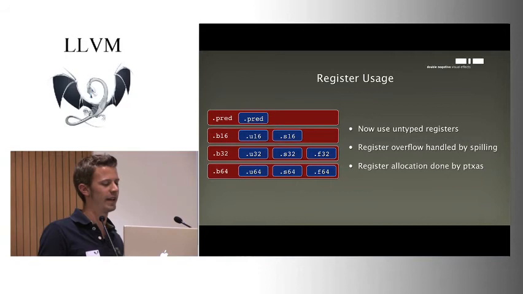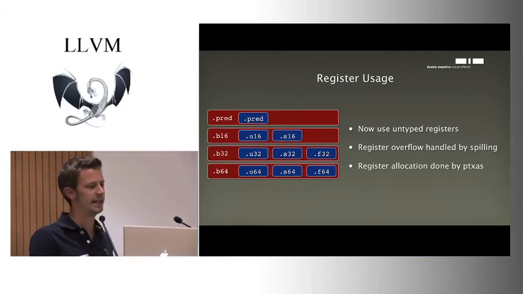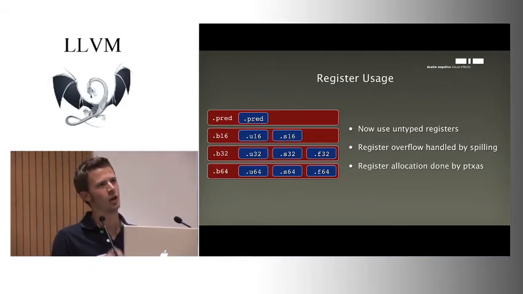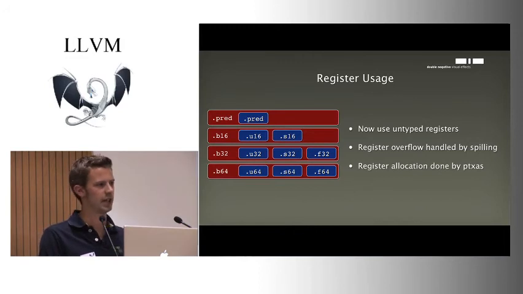But an important point is that PTX AS is NVIDIA's optimizing assembler that generates the low-level machine code that actually runs on the GPU. And that bit is entirely proprietary. As I've mentioned, PTX is an intermediate format. So without really knowing the internals of exactly what happens with PTX AS, we are guessing a little bit about how best to use registers.